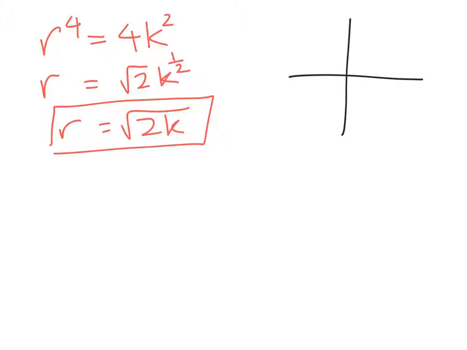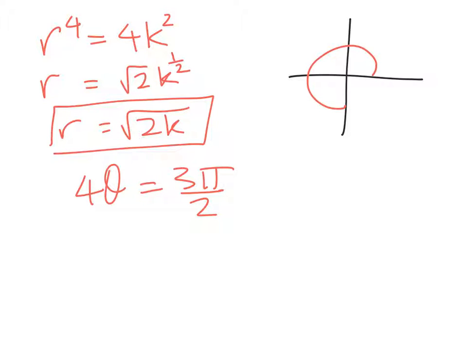The next part of the problem is that we've got 4 theta is equal to 3 pi on 2. So 4 times theta was this. What will theta be? Well, just before we hop to that, we've got 4 theta equals 3 pi on 2. But of course we could have that plus another spin around, or another spin around, or another spin around, and so on.